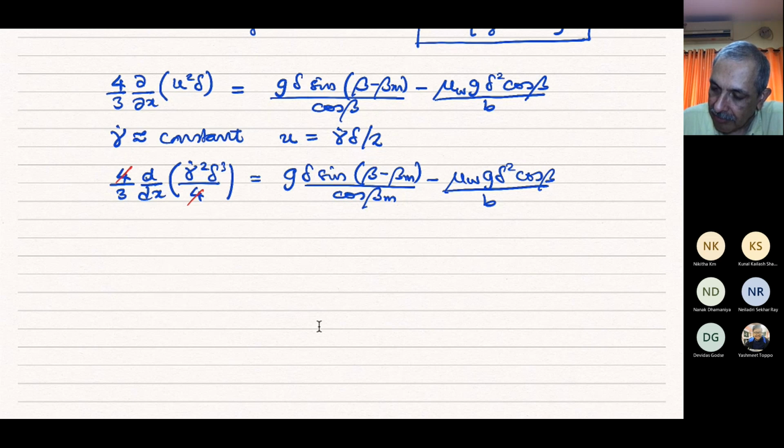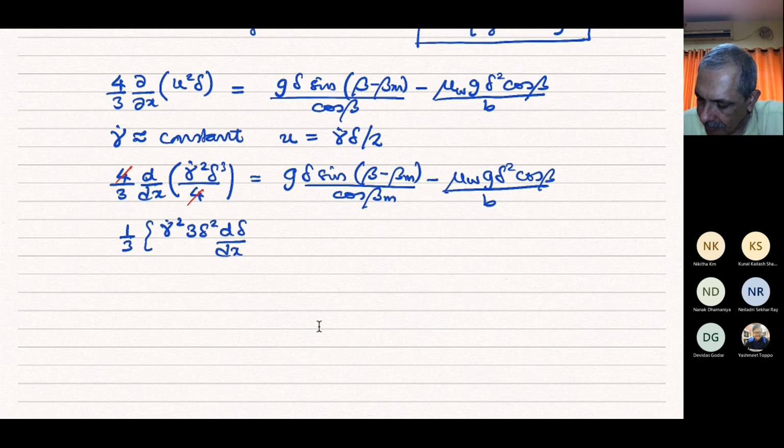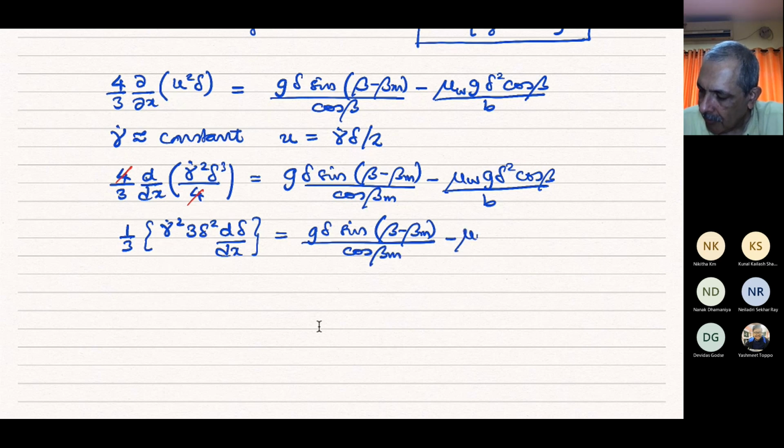And then when we take the derivative, we will get 1/3, and gamma dot squared is a constant, and then you'll have 3 delta squared into d delta by dx is equal to g delta sine of beta minus beta m divided by cos of beta m by b.